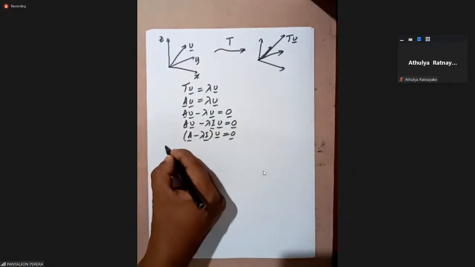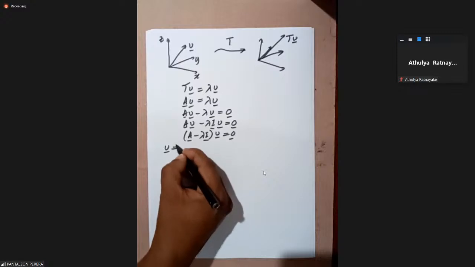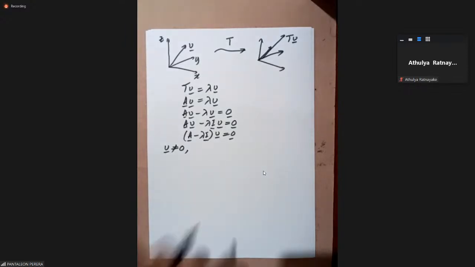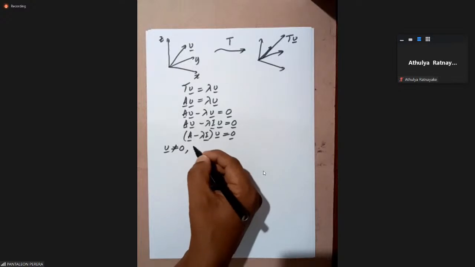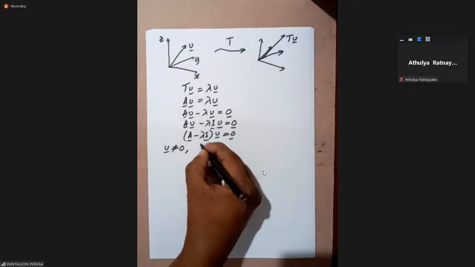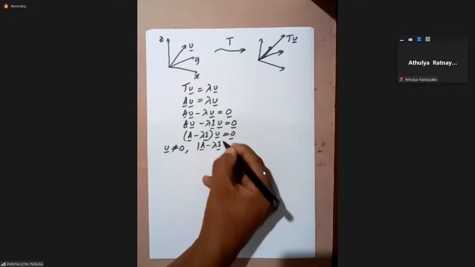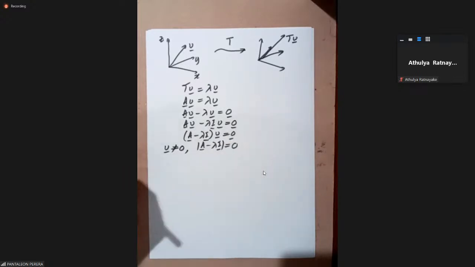Now we want to find V non-zero, so we want to find a non-trivial vector. Since V is non-zero, from the systems of linear equations, the determinant of A minus lambda I should be equal to 0.